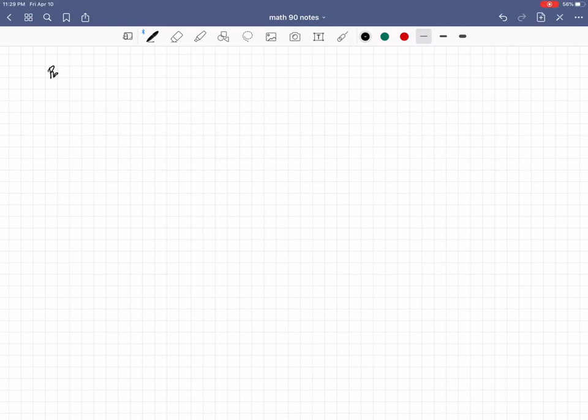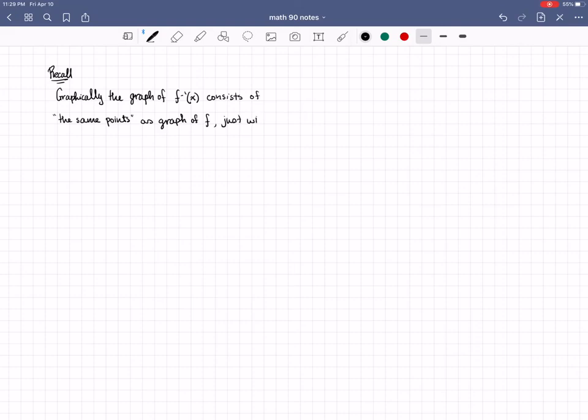So recall, graphically, the graph of f inverse consists of sort of the same points, I'm putting that in quotes because of course that's not totally true, as the graph of f, just with the order of the coordinates reversed.